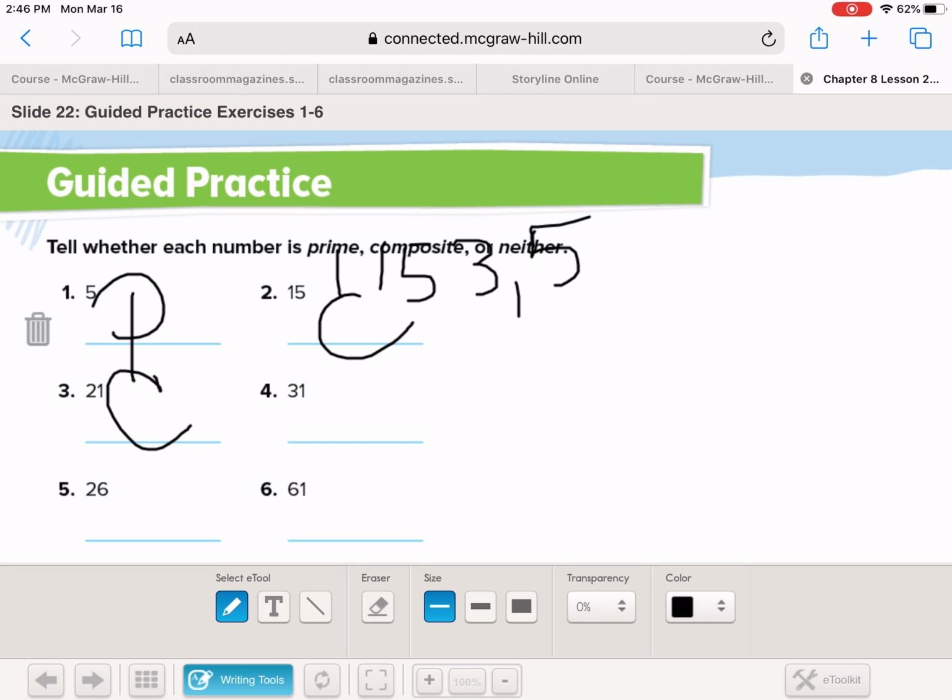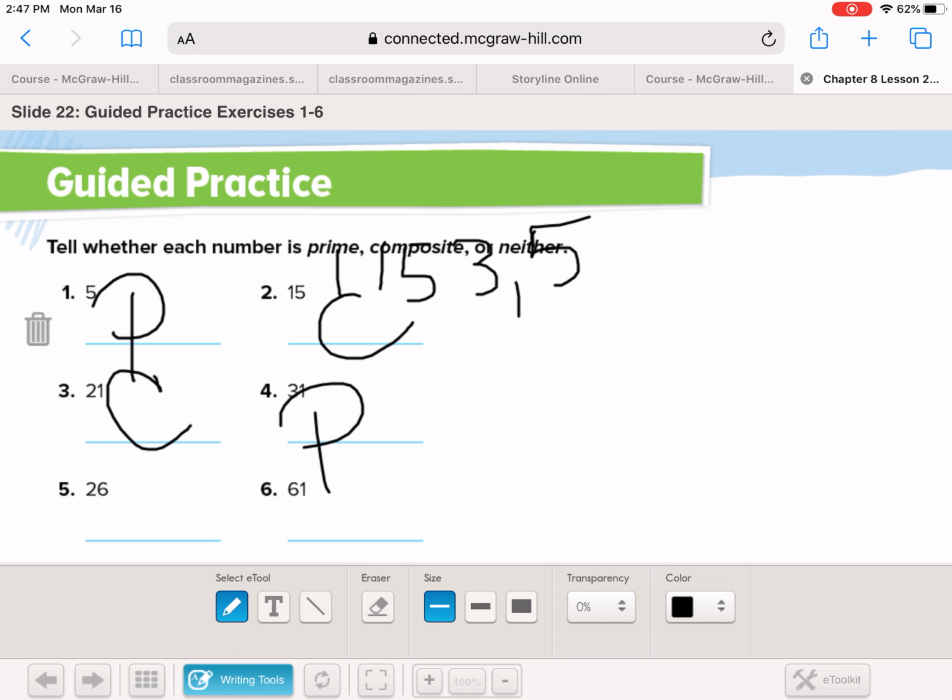How about 31? It's odd. So we know that numbers that are not even are more likely to be prime. Let's think about it. Is there a number that we know that gives us 31 as an answer? 1, 2, 3. 3 times 10 is 30, but not 31, so it's prime.